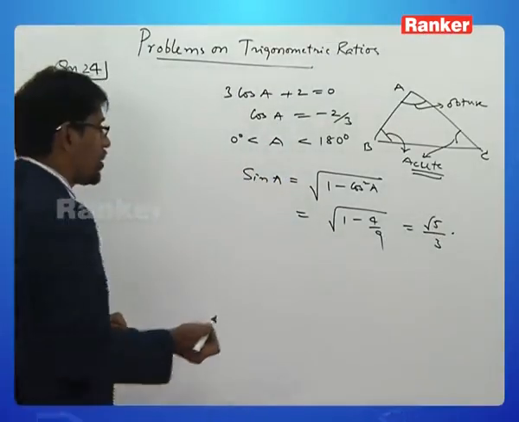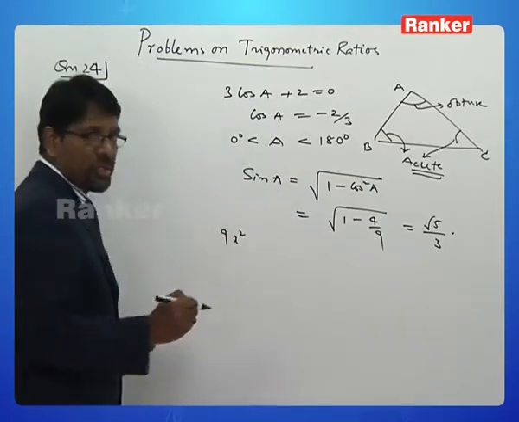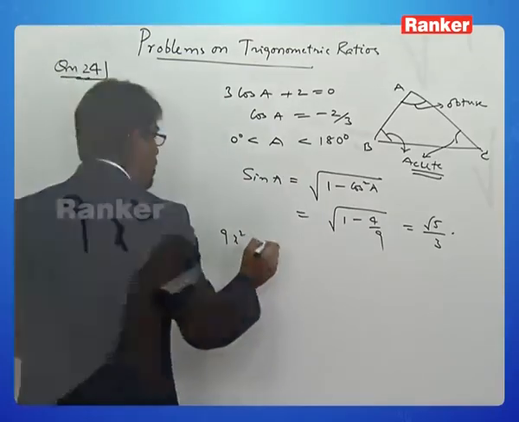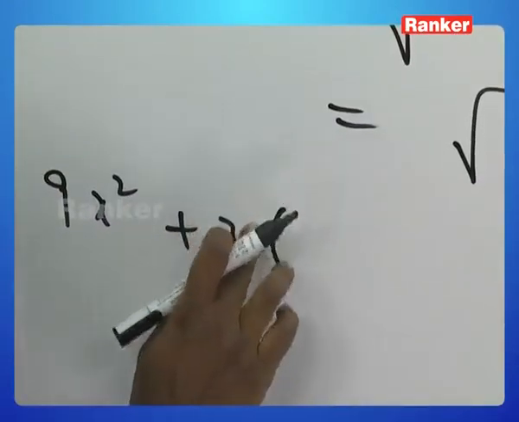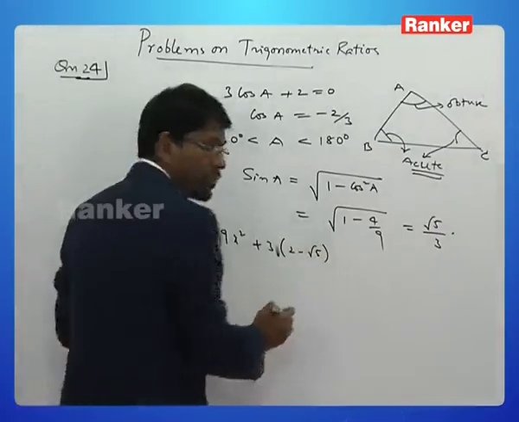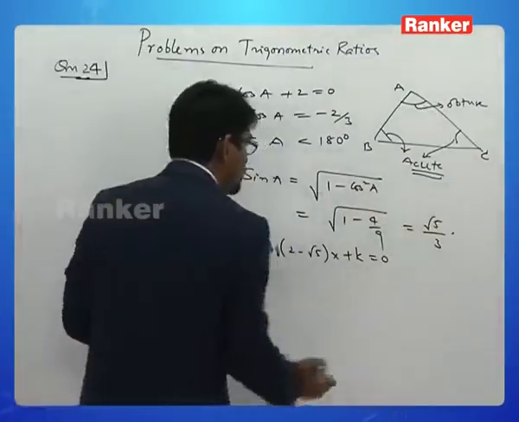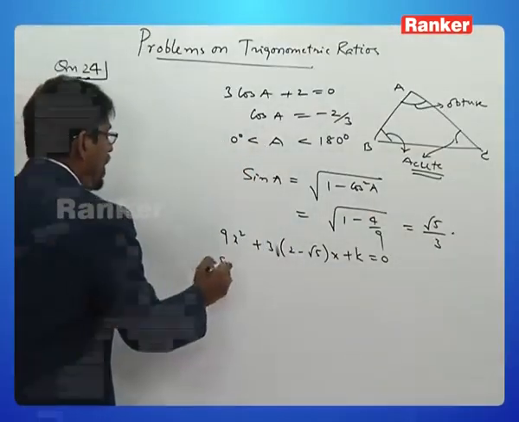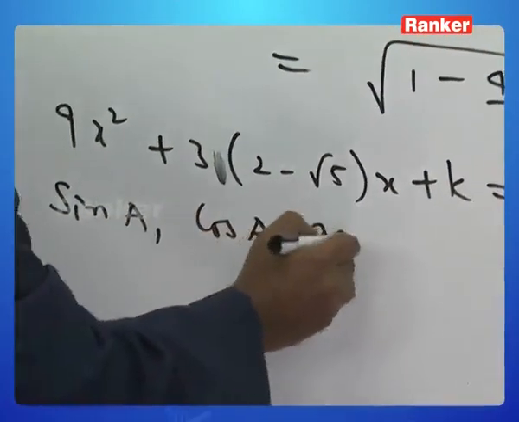Now clearly, what was the equation given to us? 9x square plus 3 into (2 minus root 5) into x plus k equals 0. Sin A and cos A are the roots of this equation.